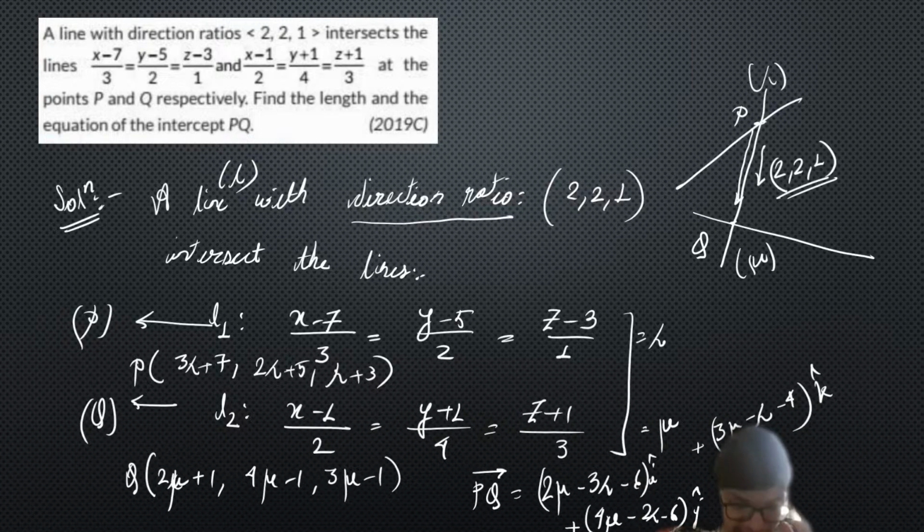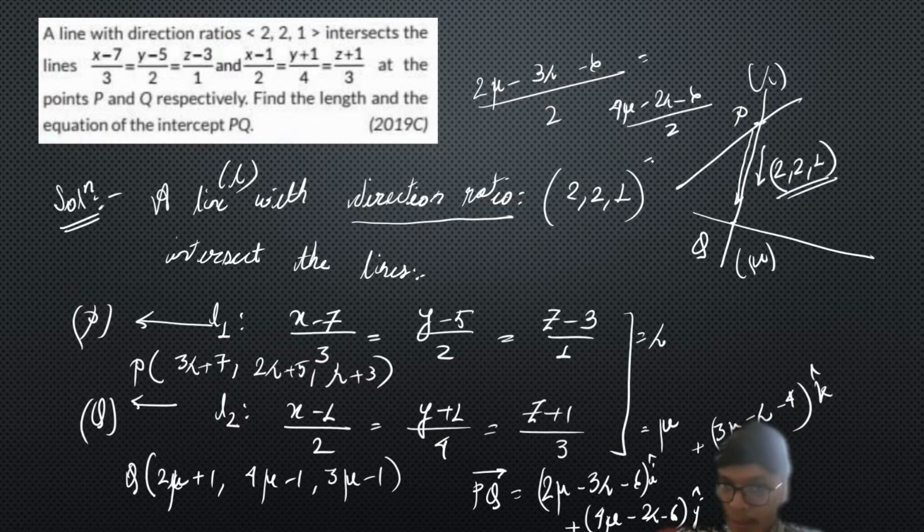Now we just need to apply the concept that it is parallel to this particular direction ratio. So we take the ratio of the direction ratios of PQ with the direction ratio of the given line, and it will maintain the same ratio. So it is (2 mu - 3 lambda - 6)/2 = (4 mu - 2 lambda - 6)/2 = (3 mu - lambda - 4)/1.